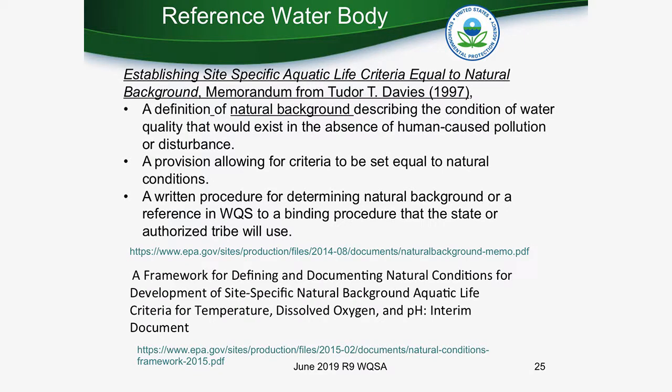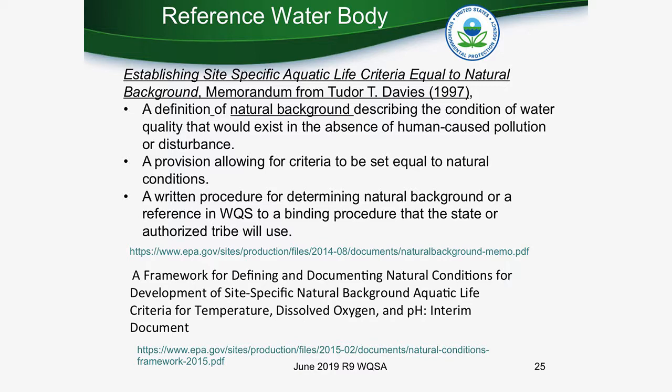And the basis for that is this memo from Tudor Davies in 1997, so it's been around for a while. It describes what the definition of natural background is. It says we have a provision that you can set the number equal to that.